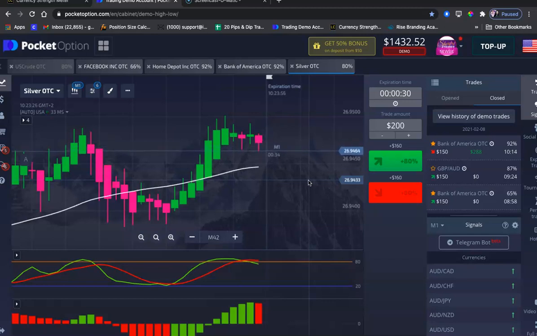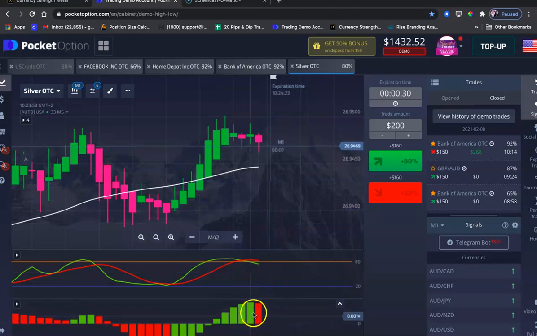Yeah, a lot of indecision going on here. And probably on a higher time frame, there will definitely be some consolidation going on. So let's give it another 15 seconds. Let's see what we can find.